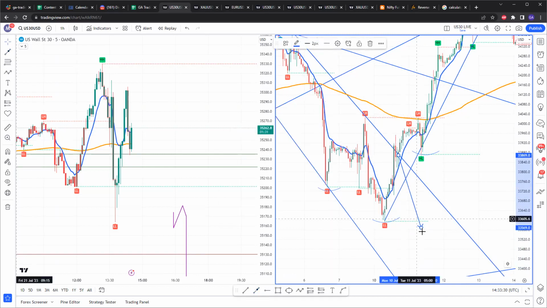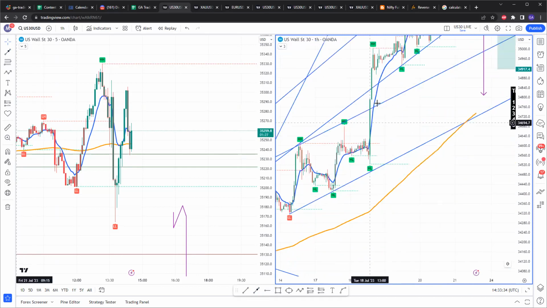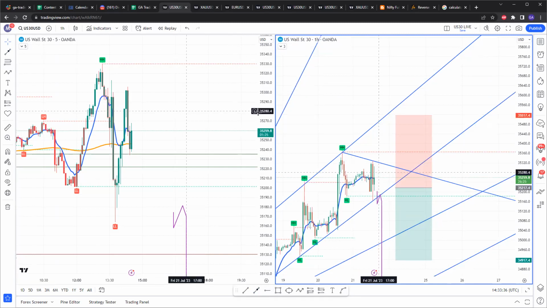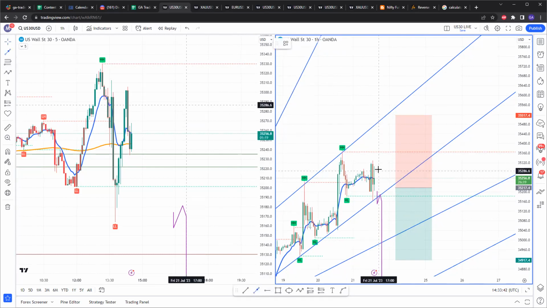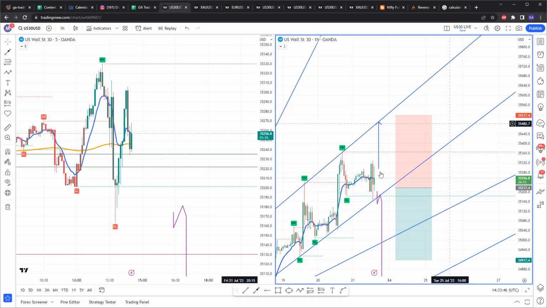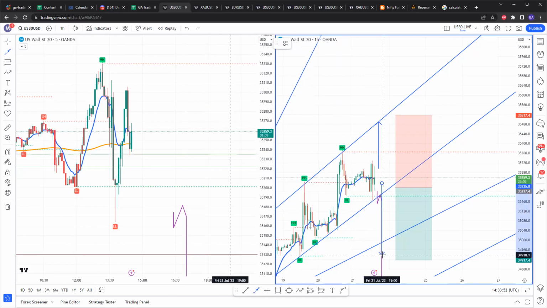Ask yourself, what's the probability that US 30 will go to this trend line? I know this is a static trend line. Ask yourself, based off of your analysis, what's the probability that US 30 will come here? If you find that the probability for this is higher than the probability for this, then I would say stick to that analysis, if that makes sense.